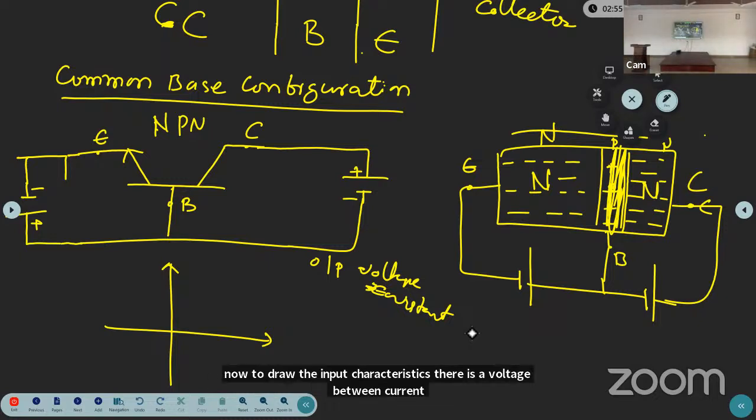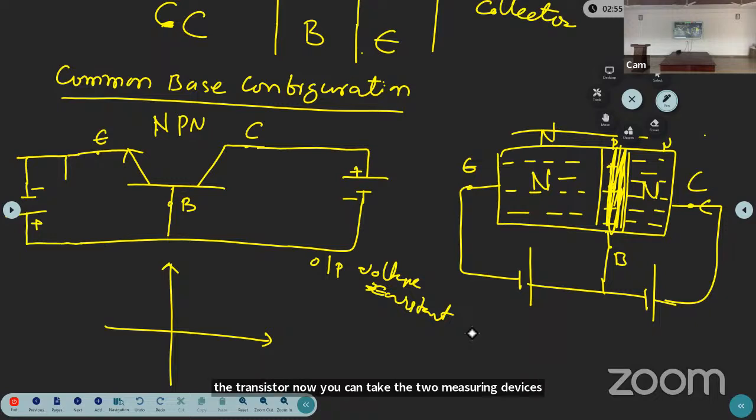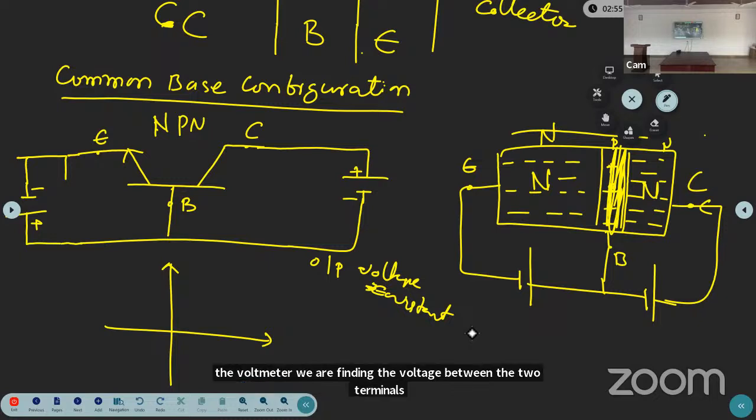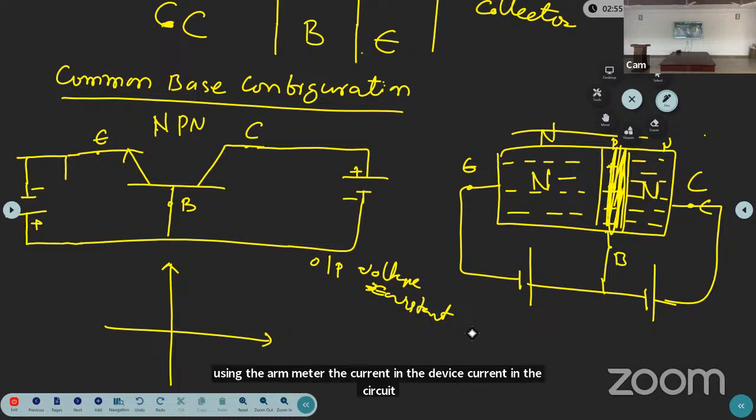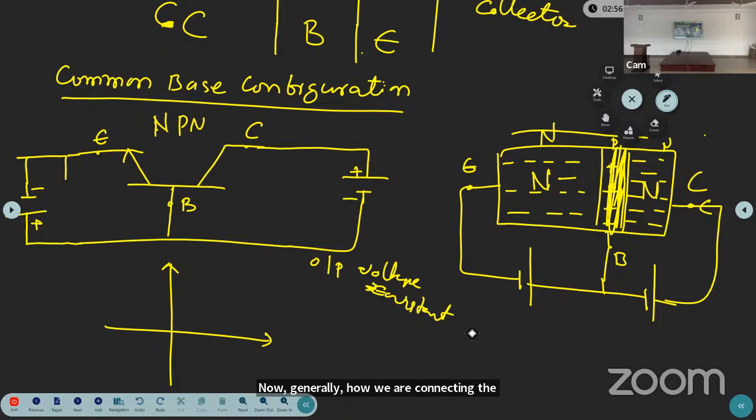Now you can take the two measuring devices: one is the ammeter and the other is the voltmeter. Using the voltmeter, we find the voltage between two terminals, and using the ammeter, the current in the device, current in the circuit. Now, generally, how are we connecting the ammeter in the circuit?